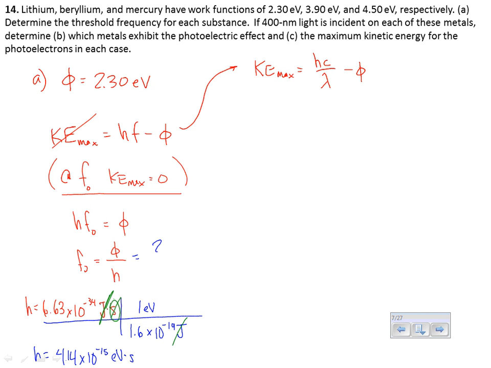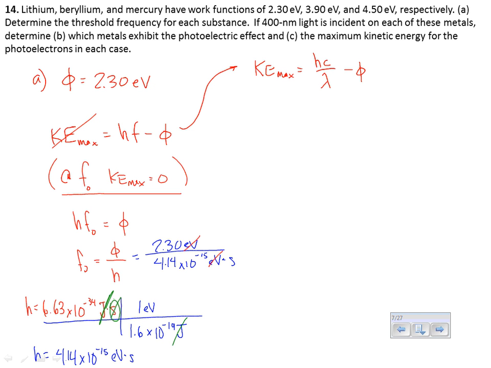So that's 2.3 divided by 4.14 times 10 to the negative 15th eV seconds. Our eVs cancel, and we're left with frequency in per seconds, which is what we want.